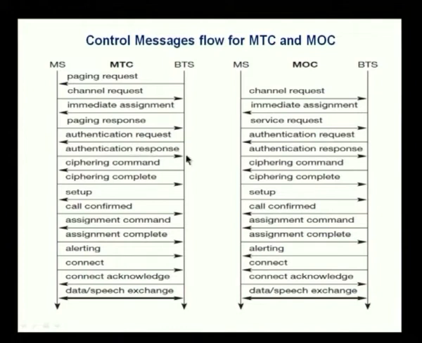Based on the response, the ciphering command or the encryption is performed. In a mobile originated call also, the authentication and the ciphering command are the same. So the idea is to identify the valid users. After identifying the valid users, the data has to be protected using cryptographic mechanisms.